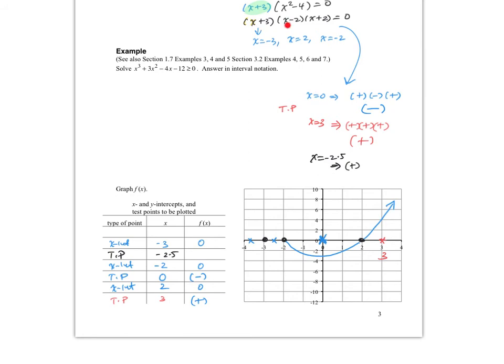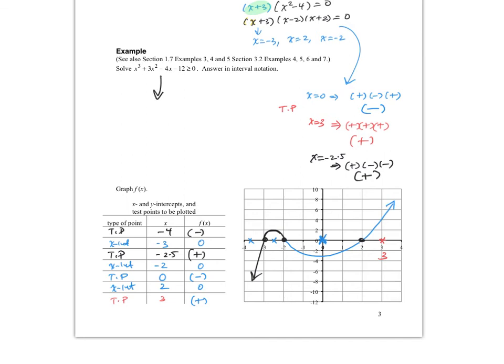This is positive, this will be negative, and this will be negative. And when you multiply everything, this will give you positive again, so this is positive, and therefore this will be negative. And then let's say that the last test point we pick is like minus 4. We already know it's going to be negative.